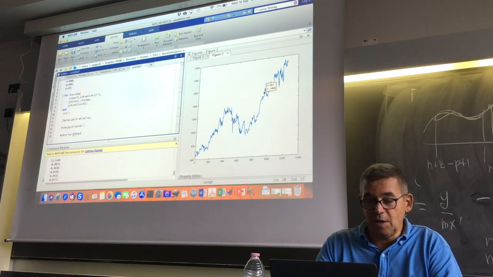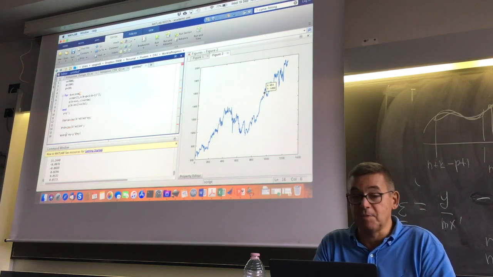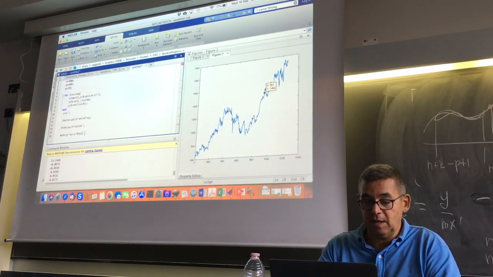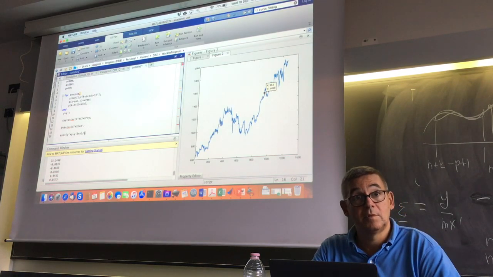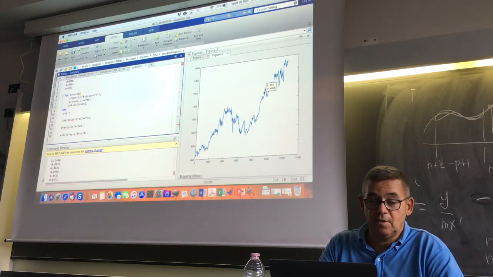Now, since I want the mean square error, which is the mean, I close within the bracket and divide by n. Okay? So now let's calculate that and see.